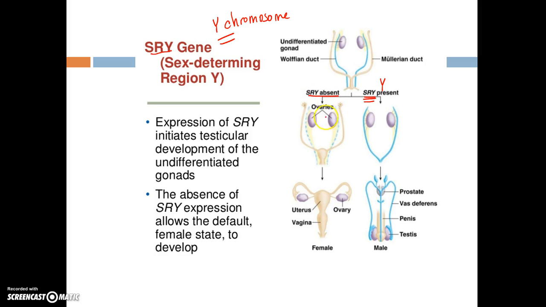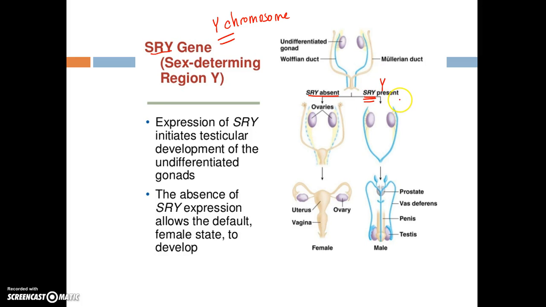If there is an absence of an SRY, these will develop into ovaries, and the female form develops after that. But there's a lot of in-between here. For example, sometimes the SRY is present, but perhaps the hormones aren't getting made. There's a mutation on the SRY gene.